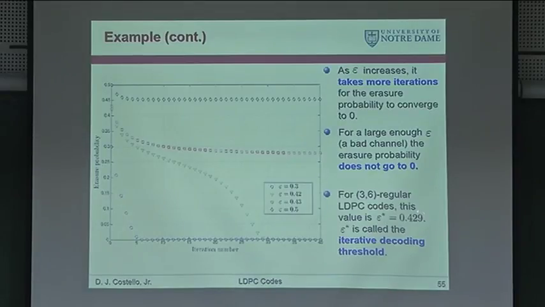Up to an erasure probability of 0.429, you'll get the erasure probabilities going to 0, which is short of capacity. With maximum likelihood decoding, we could have got there even with epsilon close to 0.5. So that's the penalty we're paying for having a suboptimum decoding algorithm.